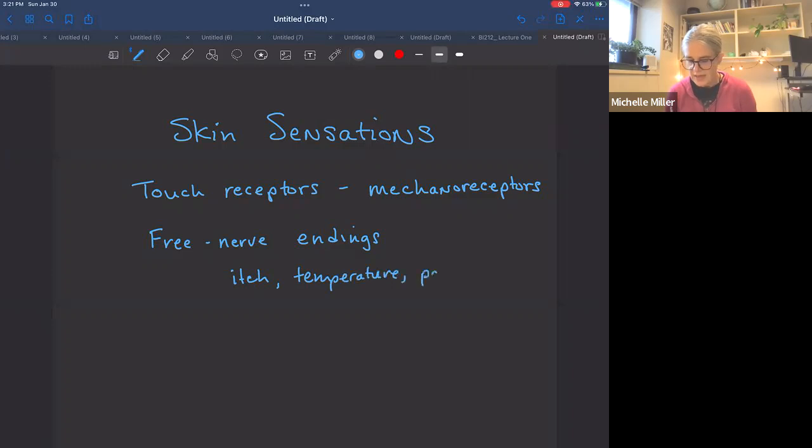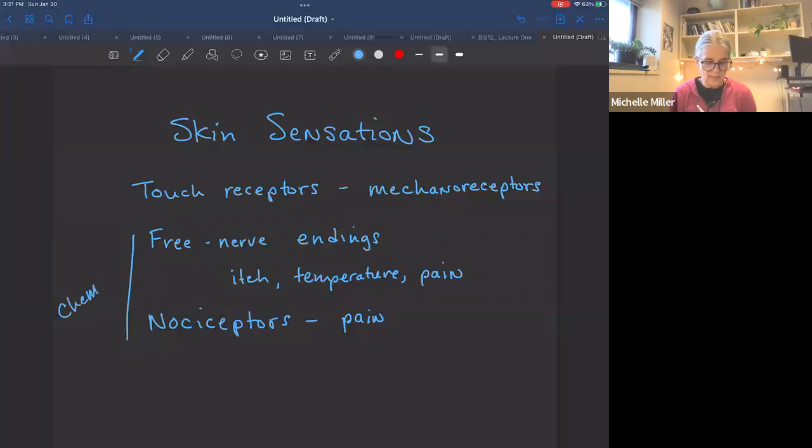And there's also pain receptors. So pain receptors have a specific term applied to them, and they are referred to as nociceptors. So nociceptors are pain receptors. Now, these type of receptors are generally chemoreceptors. So these chemoreceptors detect chemicals.